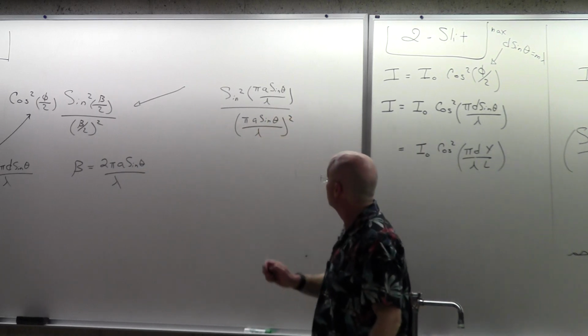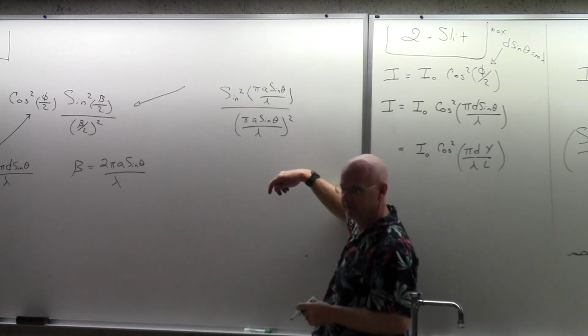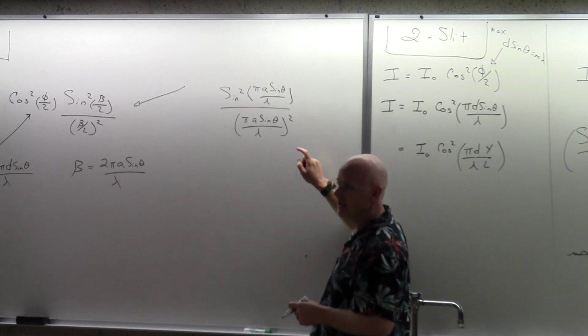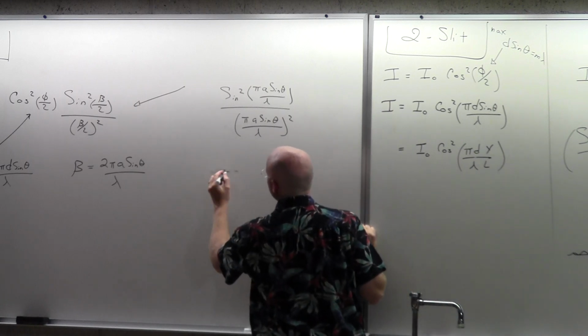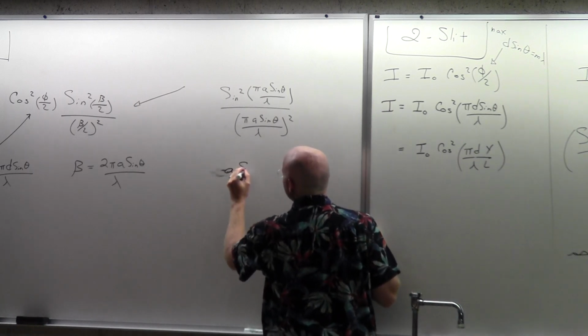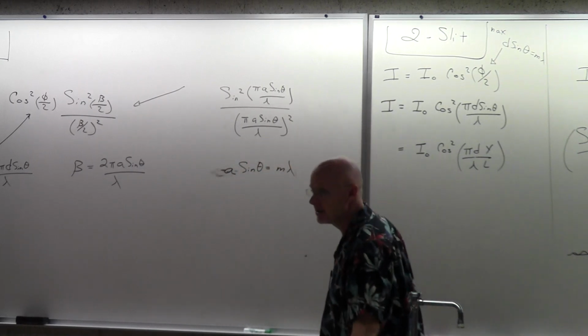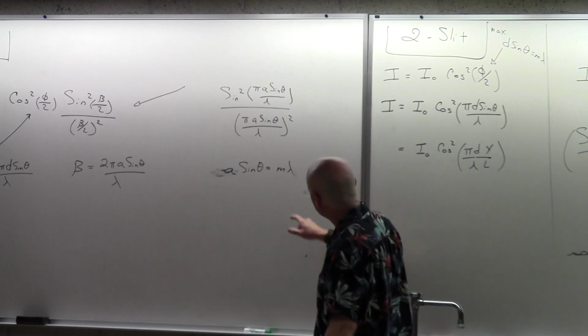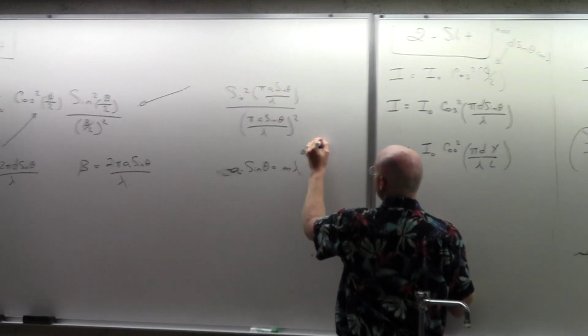Now, look at this as A gets really small. What is this saying? Or maybe I should have done it with this. A sine theta equals an integer number of wavelengths. This equation is telling me where I get the first minimum.